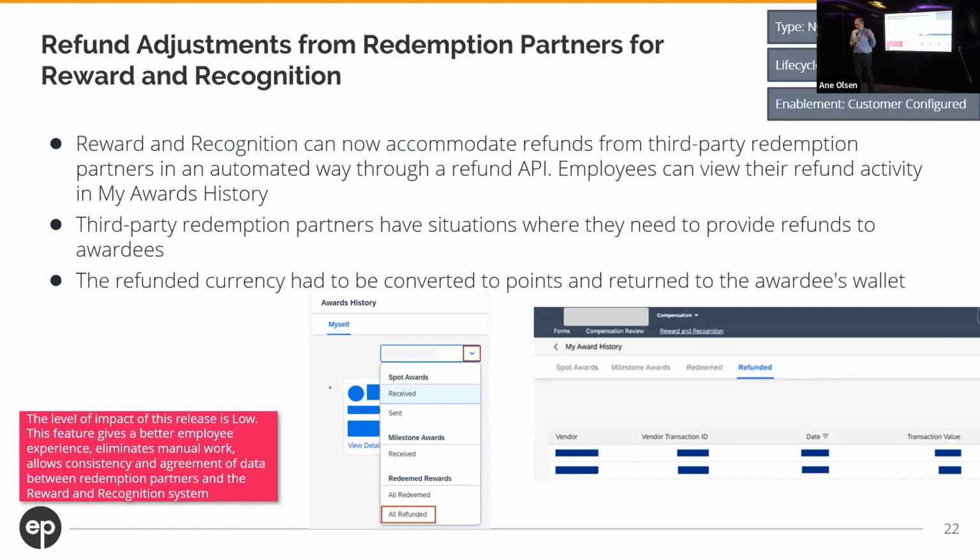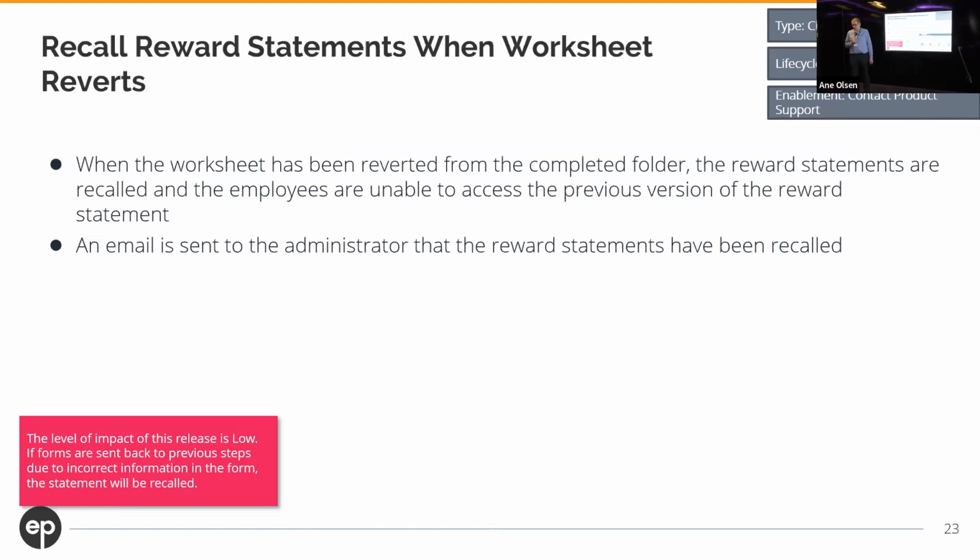Prior to this release, the only way was for the redemption partner to send information back to your company, and then they would have to put it in manually. Now you can have it connected, and you can put those points back into the employee's account. So if you have a claim against something you bought and you got your points back, they would be automatically returned to your account or your wallet. Okay.